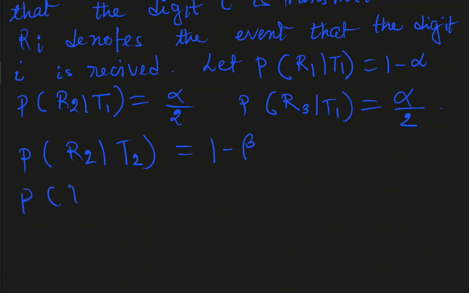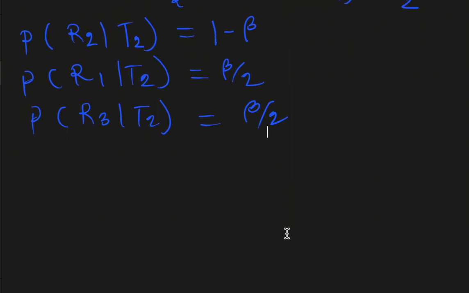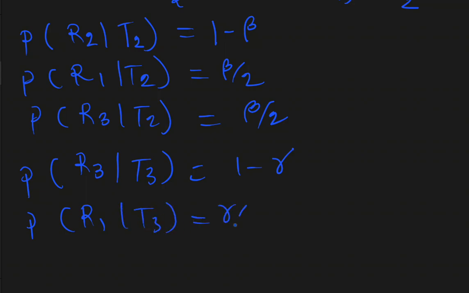And what is the probability of getting the wrong signal? That means I am sending T2 and that individual is getting R1 is beta by 2, and R3 given T2 is also beta by 2. And similarly R3 given T3 is 1 minus gamma. Probability of R1 given T3 is gamma by 2. Probability of R2 given T3 is gamma by 2.